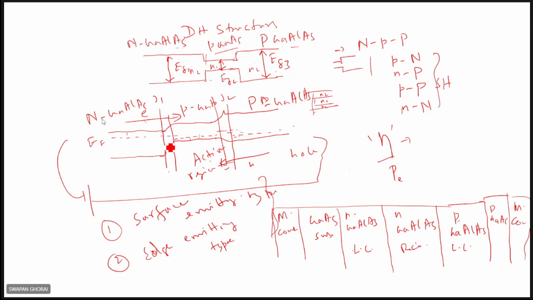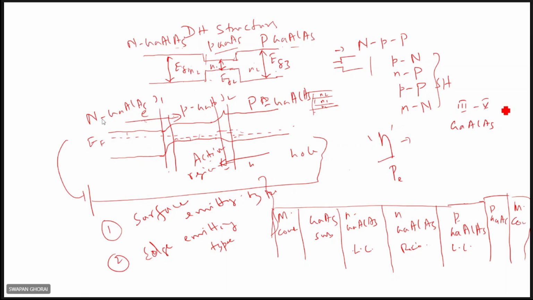So you can see there are two junctions. Another question is, suppose gallium aluminum arsenide, how can you make it P type or N type? It's a 3-5 compound semiconductor. So if you consider an element from group 2 sites, then you can have P type because fewer electrons will be there, holes will be there.